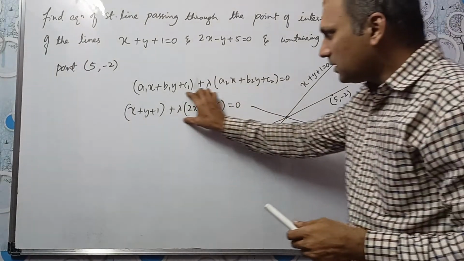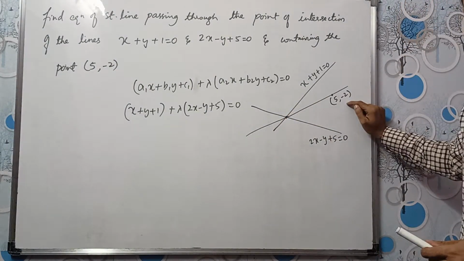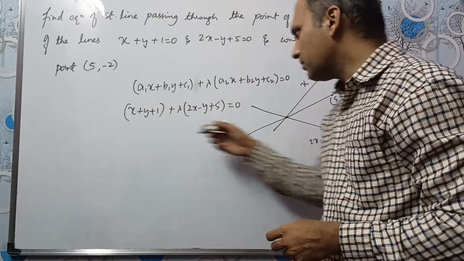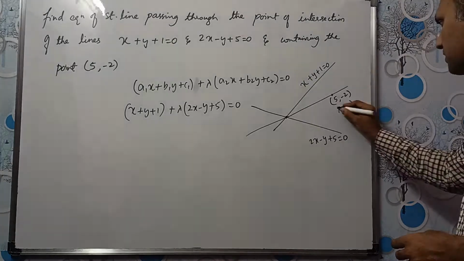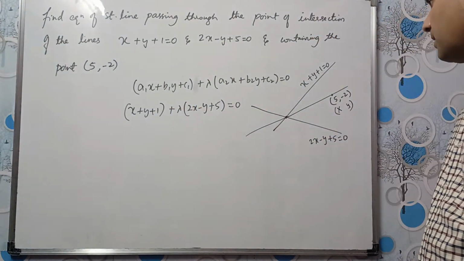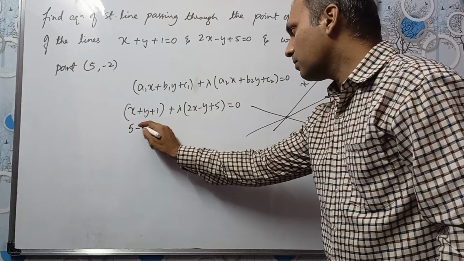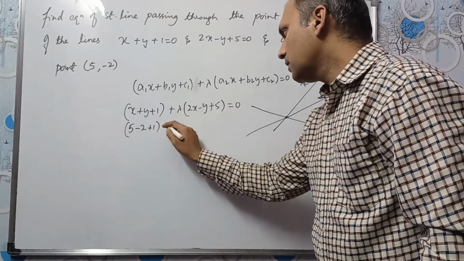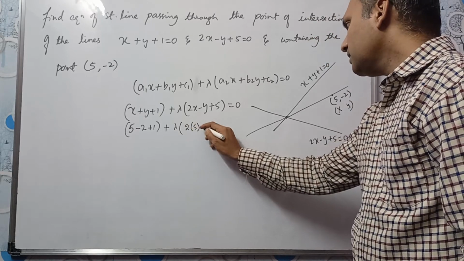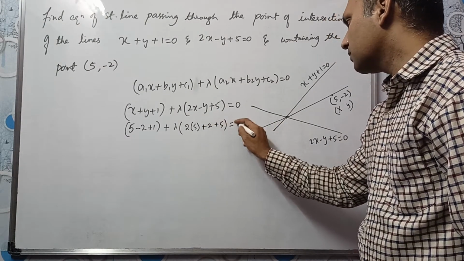Let us do that. So 5, y is minus 2, minus 2 plus 1 plus lambda times 2 into 5, minus of minus 2 will become plus 2, plus 5 is equal to 0.